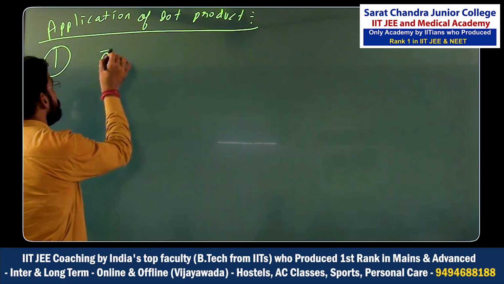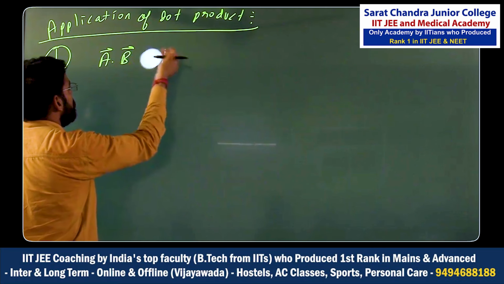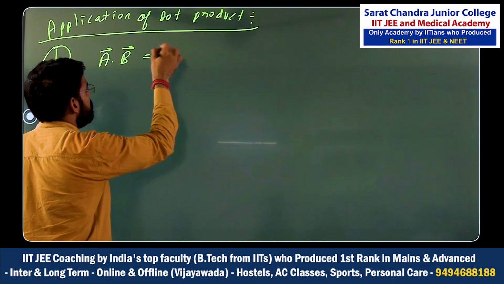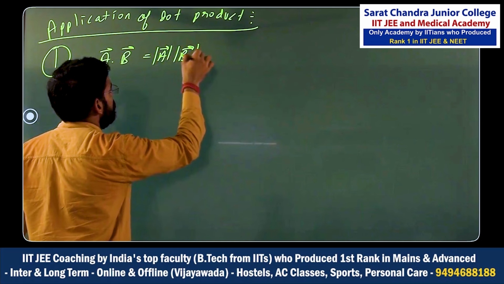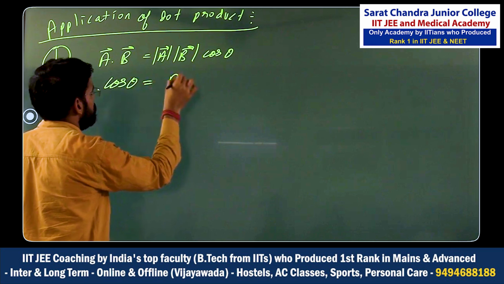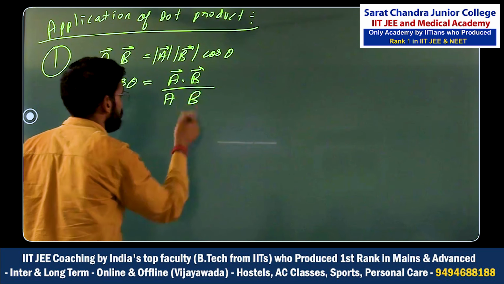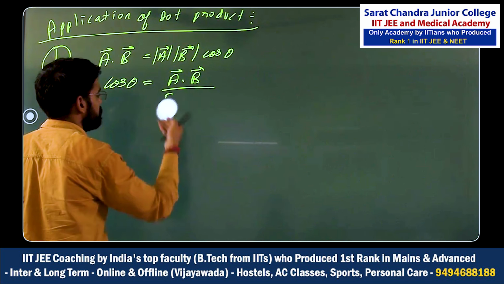So we can say A vector dot B vector is defined as magnitude of A into magnitude of B into cos theta. So from here cos theta is A dot B over magnitude A into magnitude B.